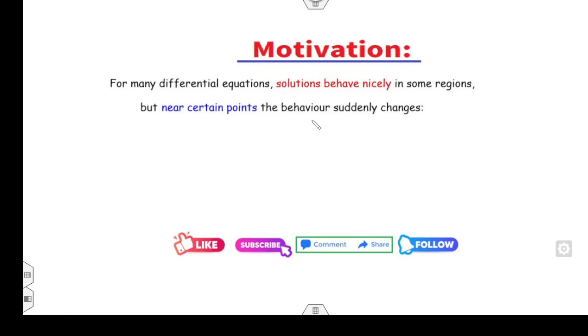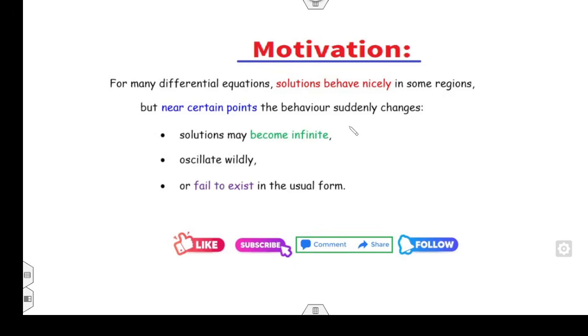Fine. We are trying to learn today's concept. For many differential equations, solutions behave nicely in some regions, but after certain points, the solution's behavior suddenly changes. और वो solution behavior कैसा हो सकता है? It may become infinite, it may oscillate widely, or at some points it fails to exist in the usual form.